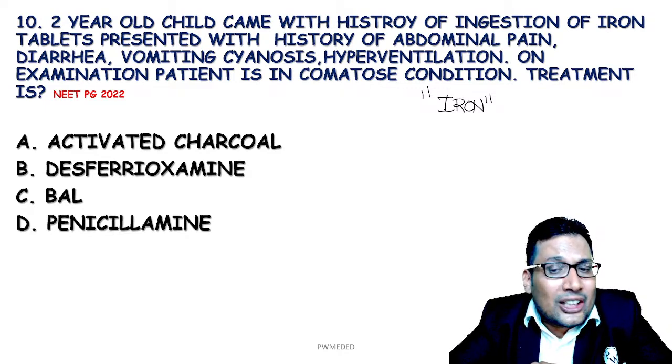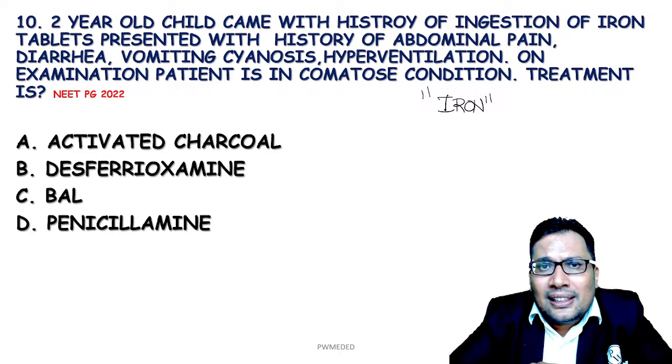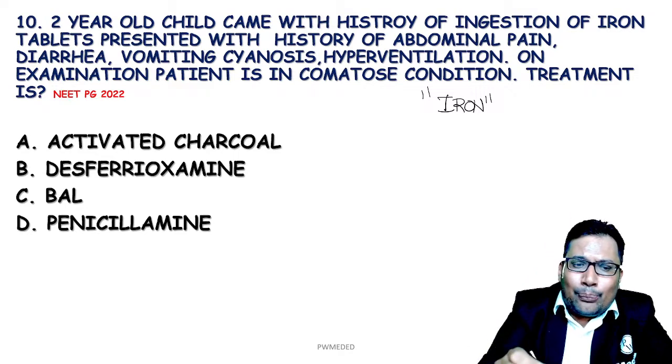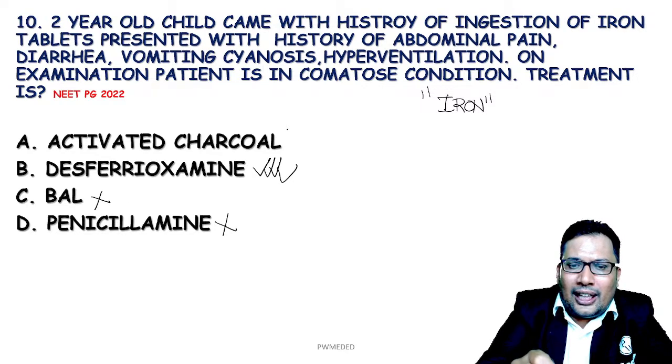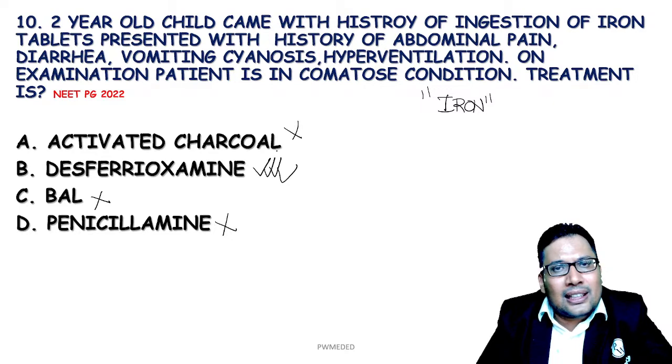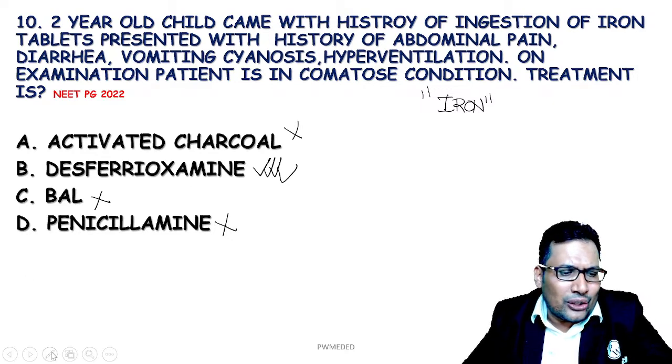There can be metabolic acidosis in iron poison. In iron poison, we normally give desferoxamine. BAL, no. Penicillamine, no. Activated charcoal, no. The answer is desferoxamine.